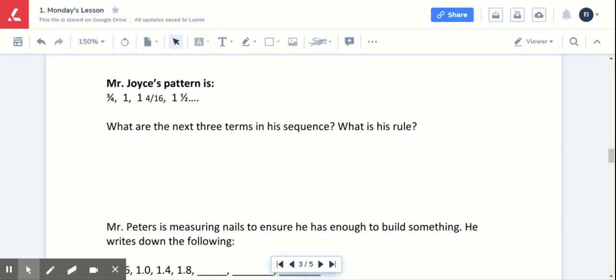So we know that our pattern here is to add 1/4.